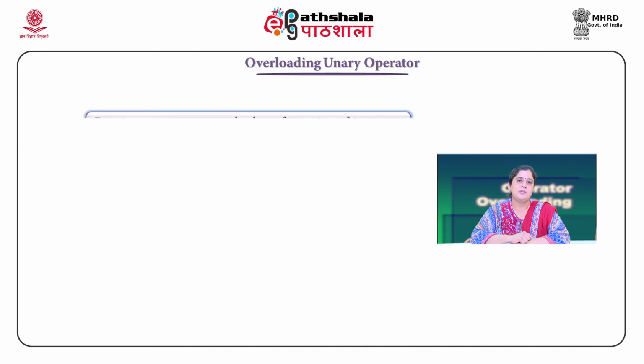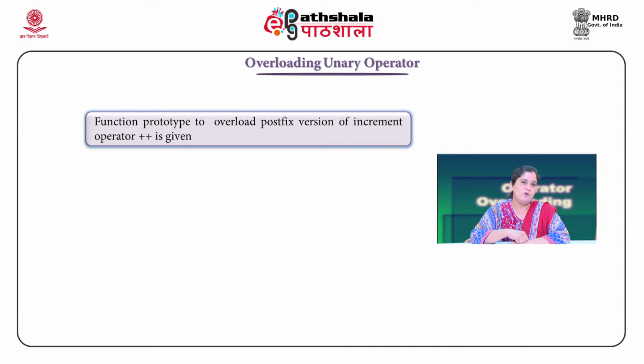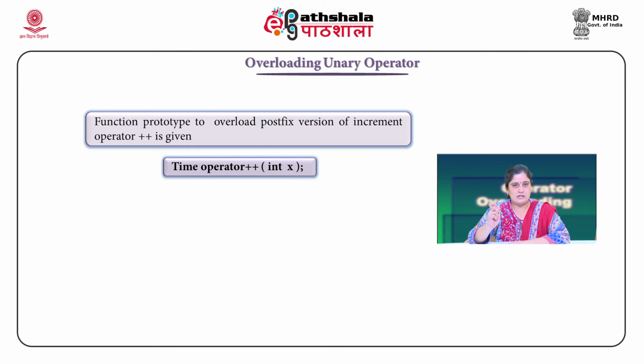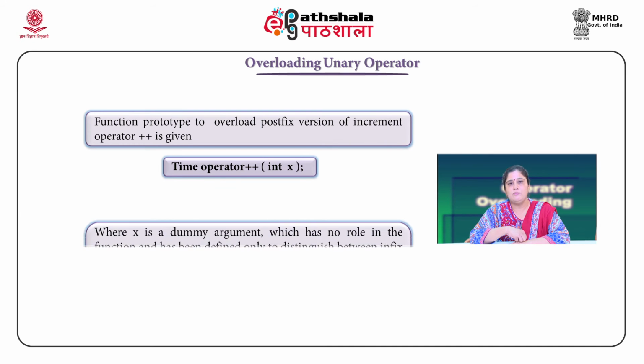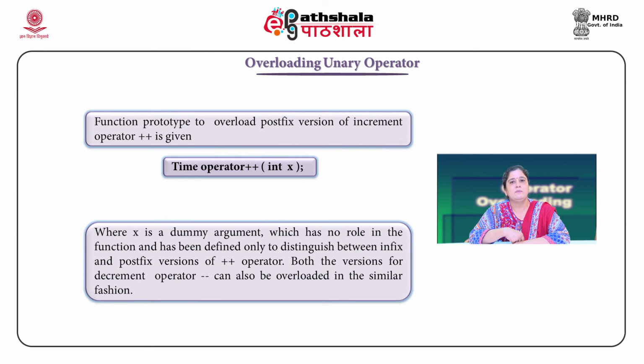The postfix version of plus plus can be overloaded as return type, keyword operator followed by plus plus and an integer as an argument. This integer argument is a dummy argument which has no role in the function, but it has been passed simply to allow the compiler to distinguish between the prefix version and the postfix version.